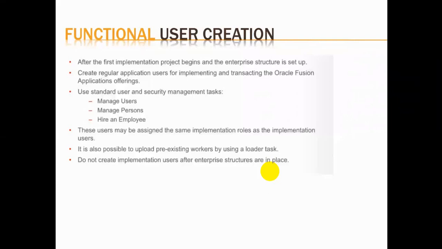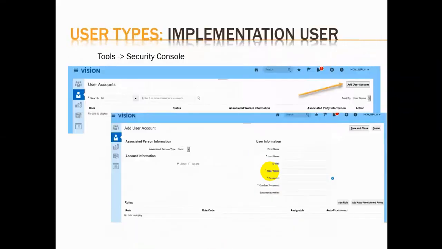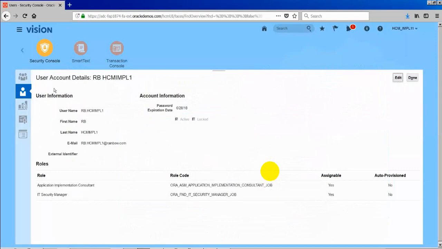Before this, for the implementation user, it is not necessary. If you remember, when we created this implementation user, we haven't associated this username to any person. We just created a plain username which will have access to these two roles. These two roles will give access to many of the functionalities. So here we are not associating this username to any employee, any customer, any supplier, any other vendor, or any organization.